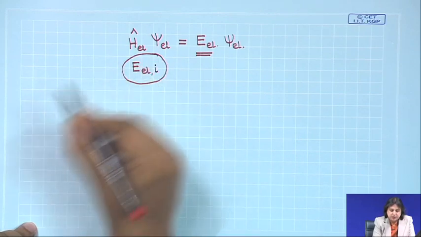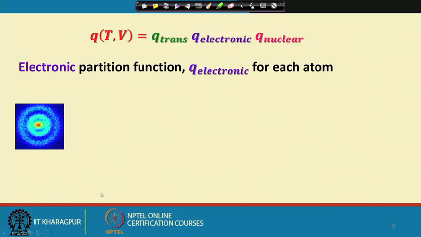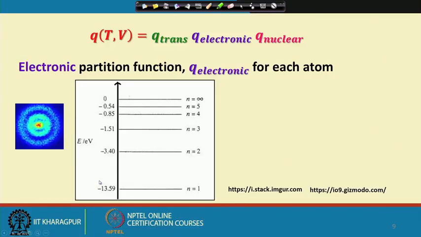So, this corresponds to the fact that this is the ith energy eigenvalue from the electronic Schrodinger equation.